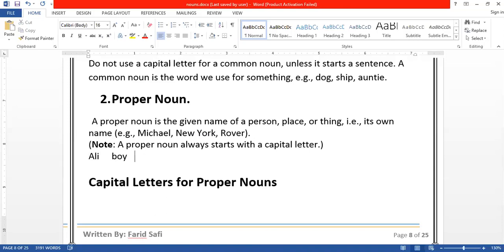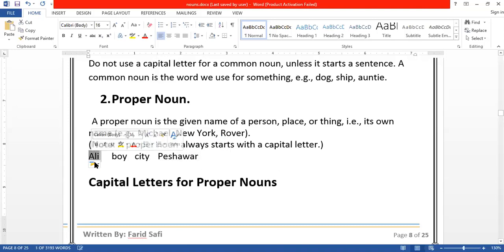If I say, for example, city, now city is a common noun, but if I say Peshawar, Peshawar is a proper noun. Remember, as I said earlier, a common noun starts with a small letter, while a proper noun, in whatever place in a sentence it comes, we are supposed to write with a capital letter.